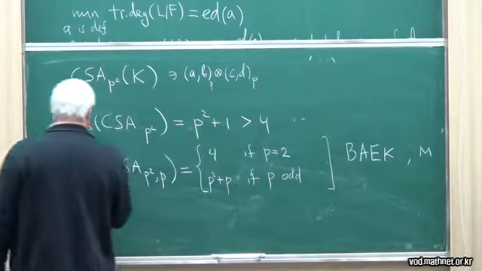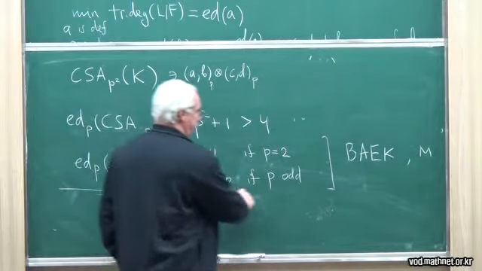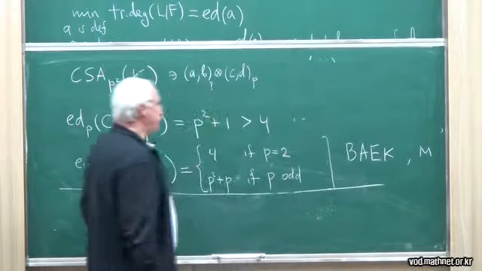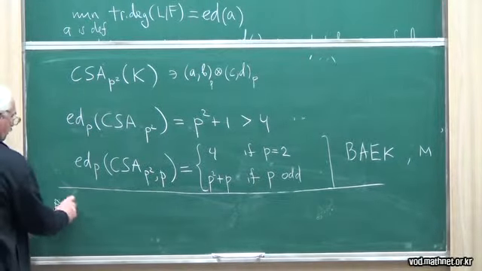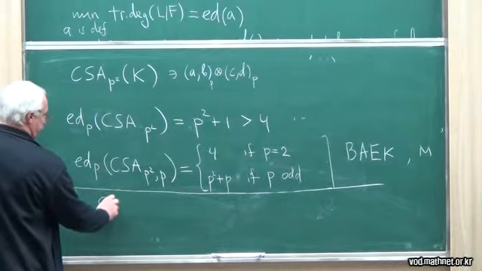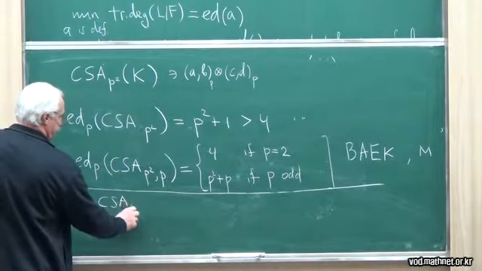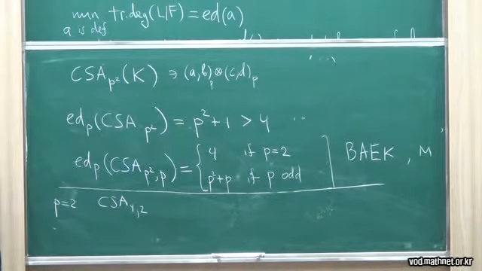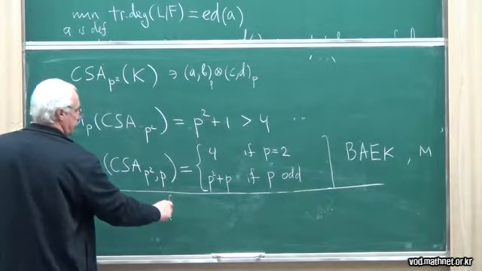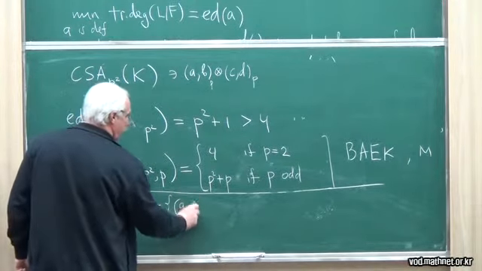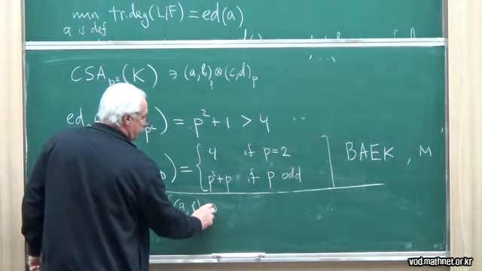And there is an explanation of this fact. If p is 2, every algebra in the class of algebras of degree 4 exponent 2 is a tensor product of two cyclic algebras of degree 2. Those are called quaternion algebras.